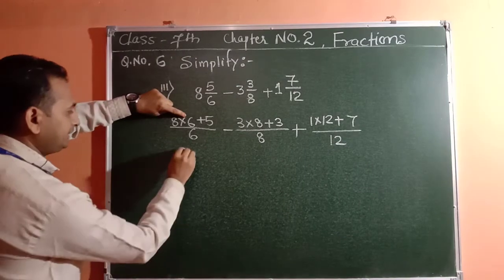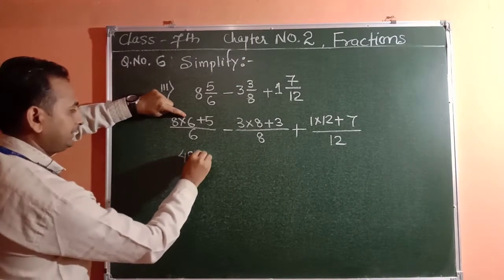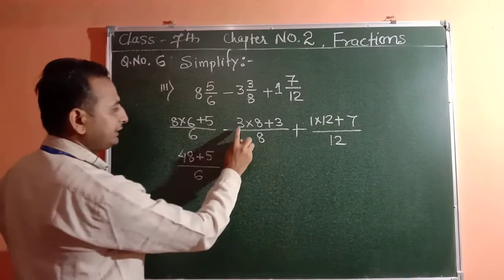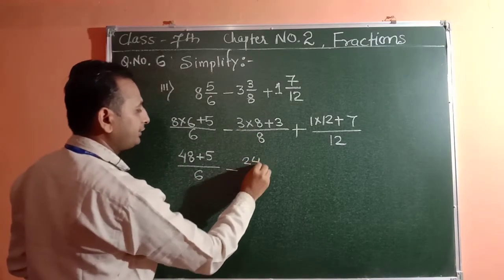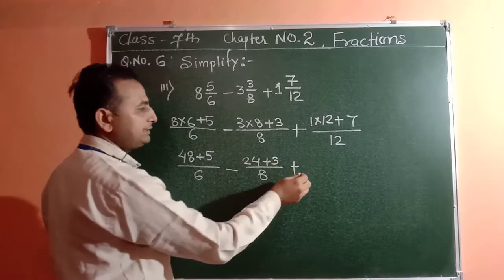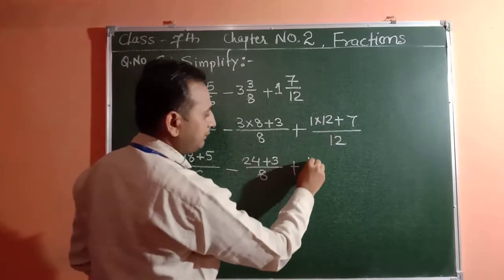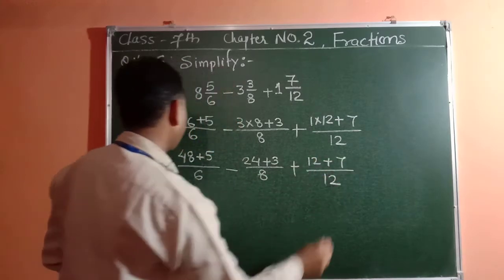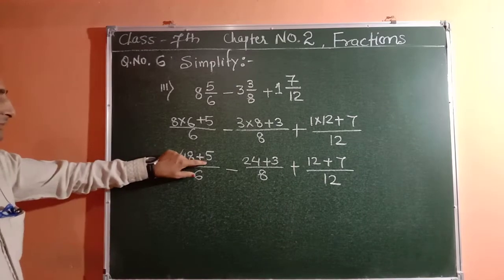That is 8 sixes are 48 plus 5 upon 6 minus 3 eights are 24 plus 3 upon 8 plus 12 ones are 12 plus 7 upon 12. 48 plus 5 is 53.